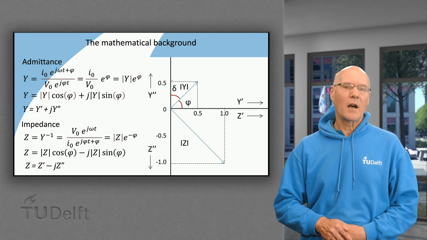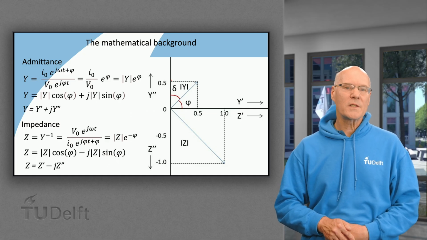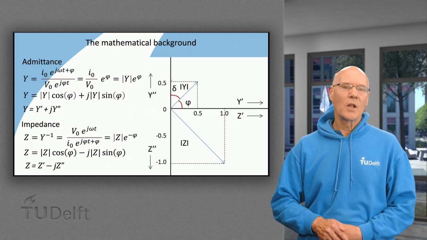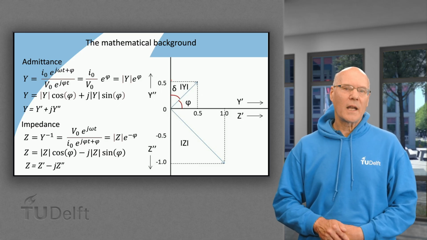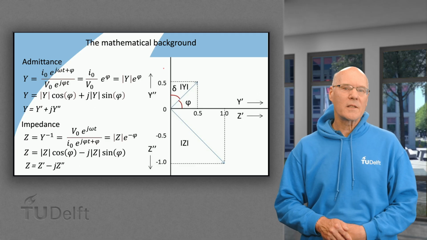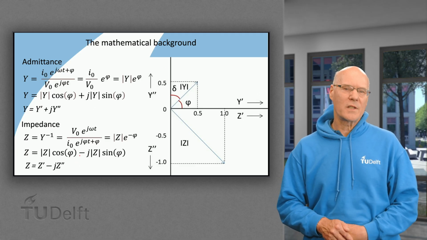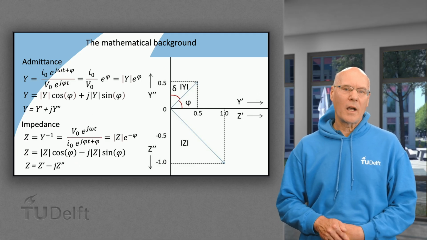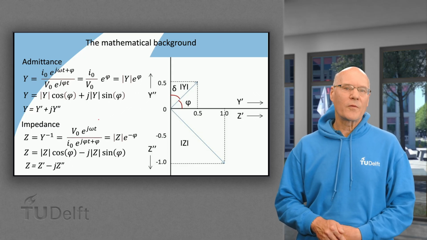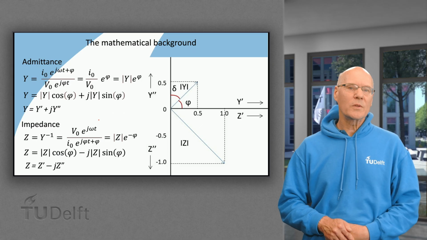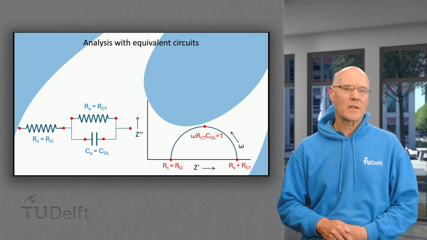Here the resistor Rs is responsible for that shift, and the semicircle comes from the RC circuit. The final touchdown at low frequency on the right hand side is the overall resistance, hence Rs plus Rp. From the maximum of the semicircle it is possible to calculate the capacity of the capacitor.